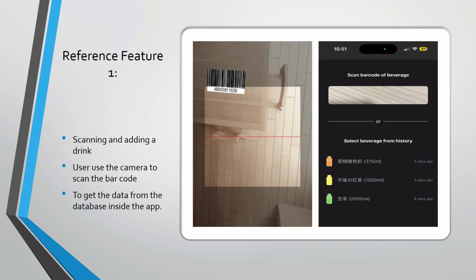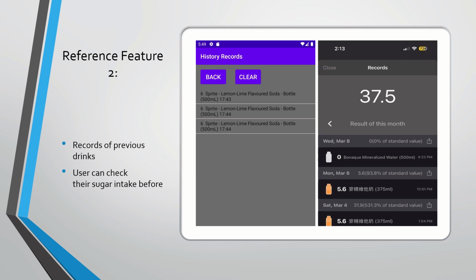Like I said before, the app lets users use their phone camera to scan the barcode. I think these are amazing features, and in our app we also utilize these features to generate the sugar.